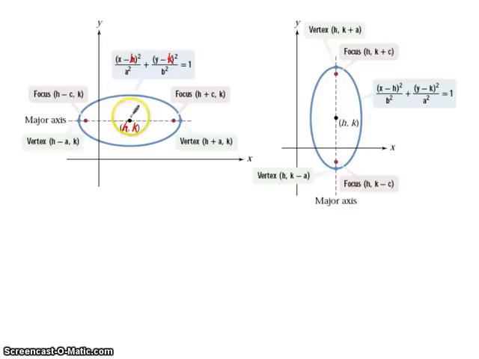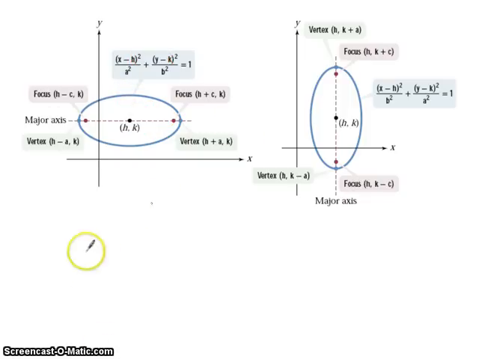The a value is still the distance from the center to the vertex point. The c value is still the distance from the center to the focus point. The b value is still the distance from the center to the end of the minor axis.